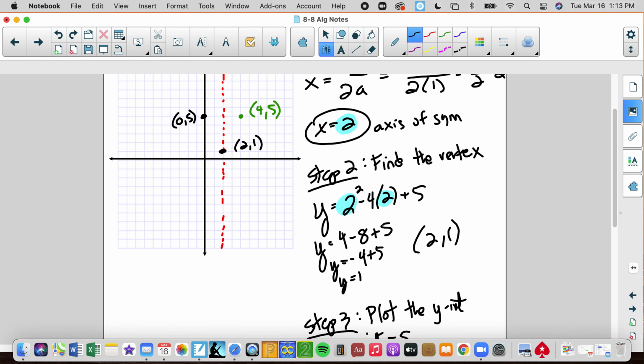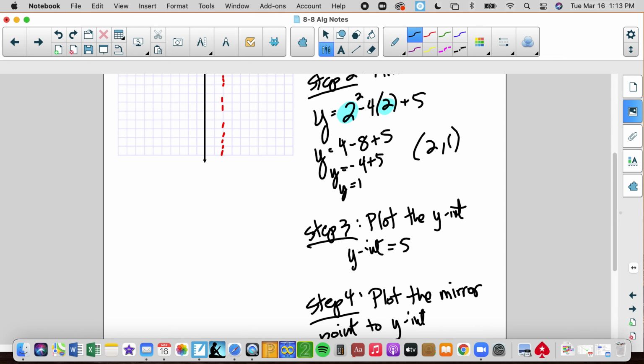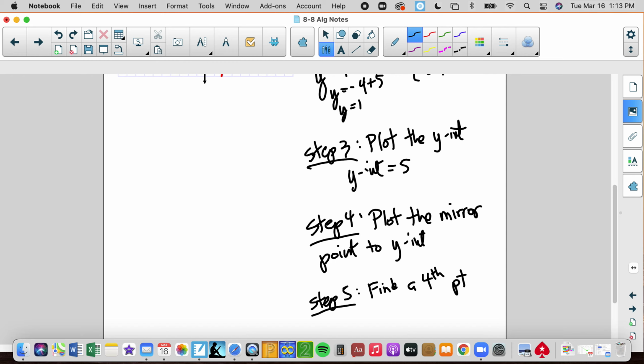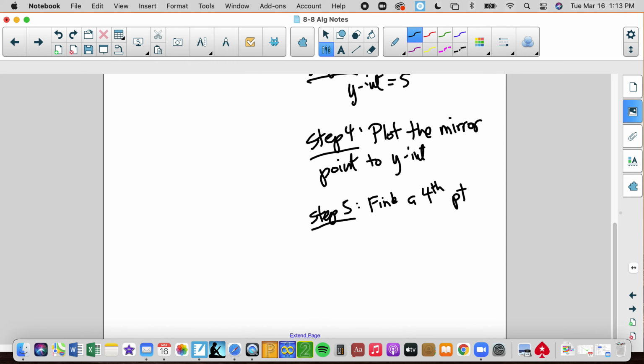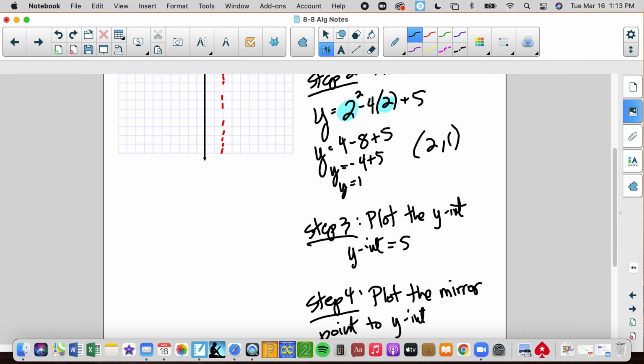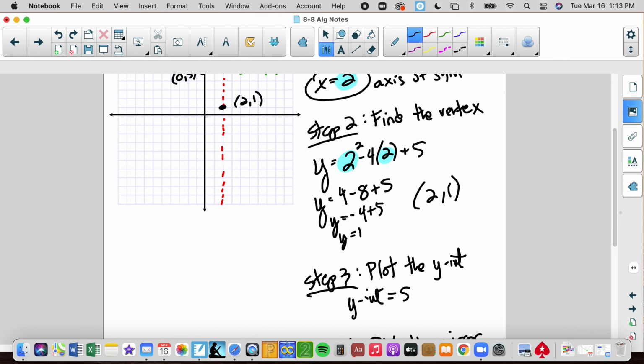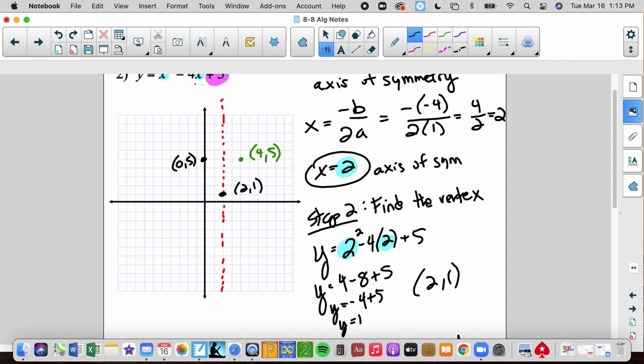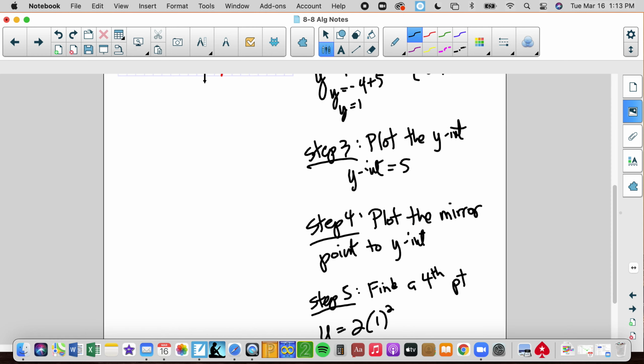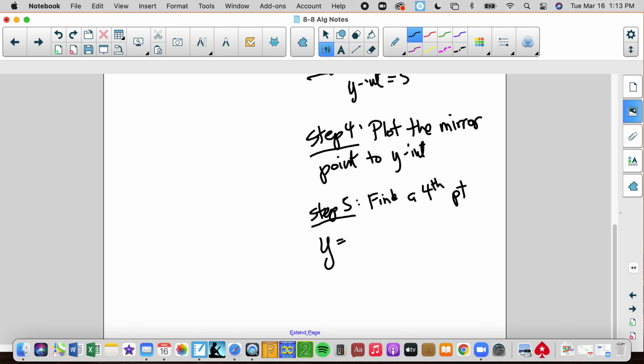The vertex I plugged in because the vertex is a point, and I did it here. So I'm just going to repeat this process. And in this case, I'm going to use the value of 1. So y equals 1 squared minus 4 times 1 plus 5.